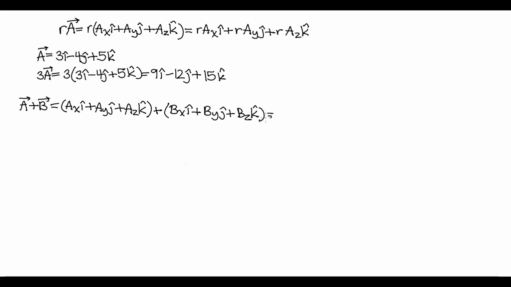Then it's just like normal algebra, just like adding like terms. You get ax plus bx i plus ay plus by j plus az plus bz k.